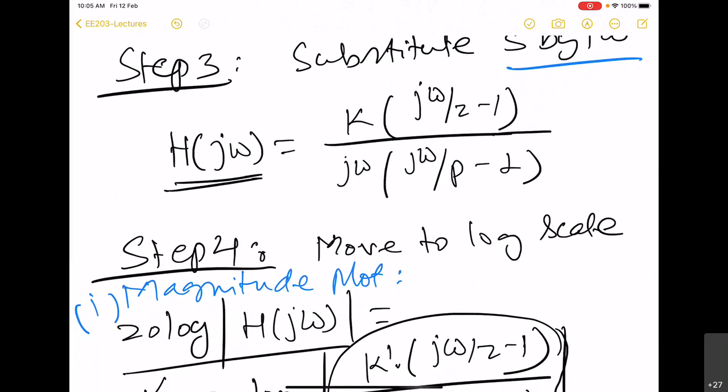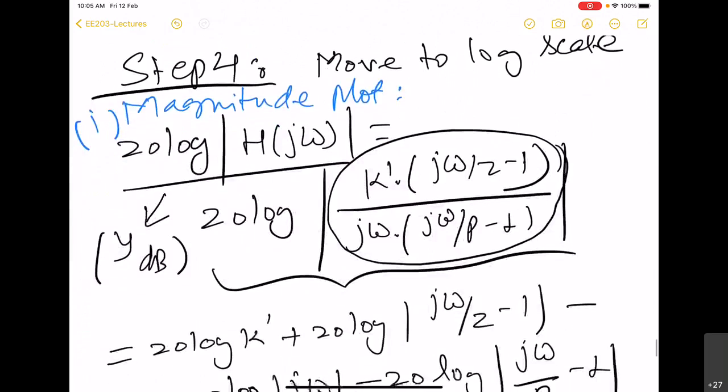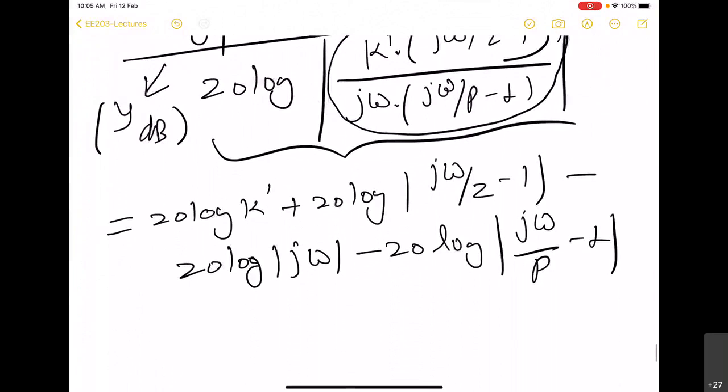In the fourth step, we represent this transfer function in dB scale so that the division and the product between various factors get converted into subtraction and addition. So if we do that, what we will get is the transfer function as a sum or difference of simpler terms. If we plot each of these four curves, the overall curve will be simply the addition of these.